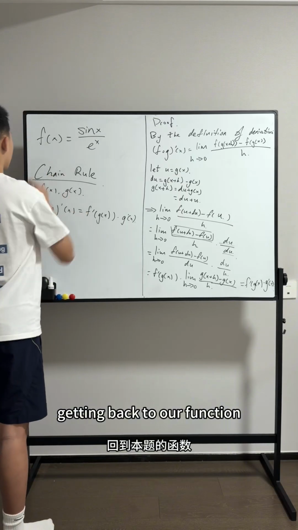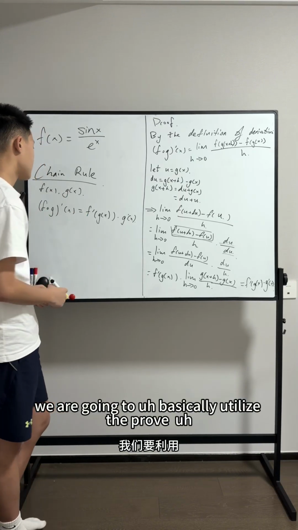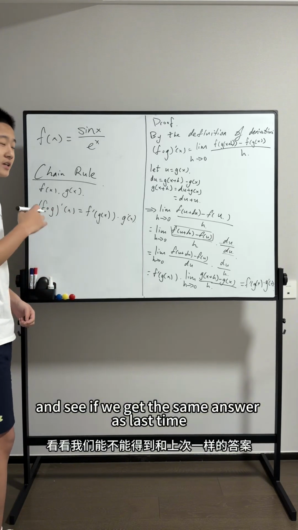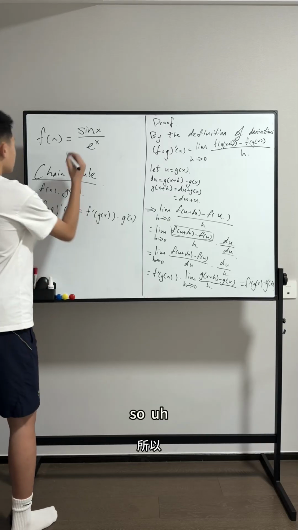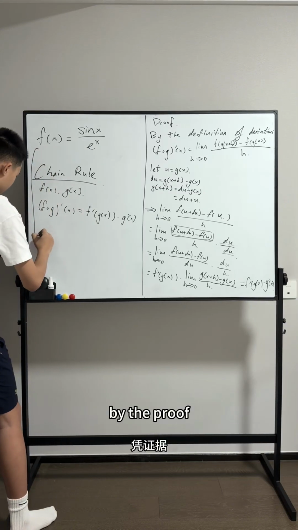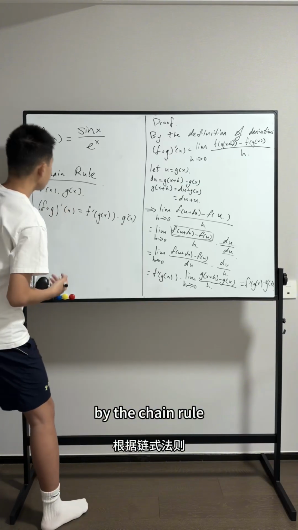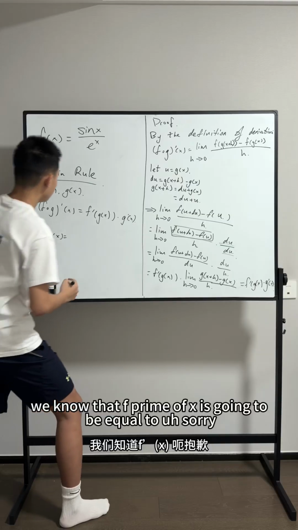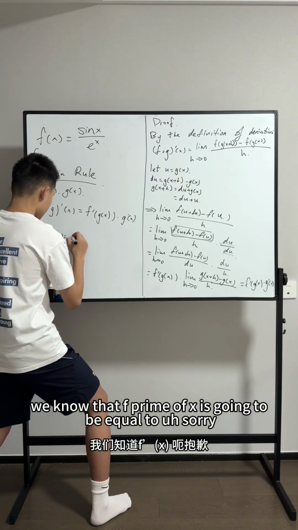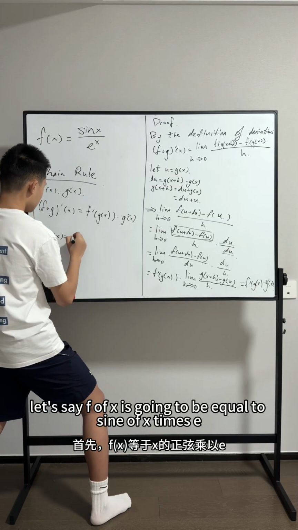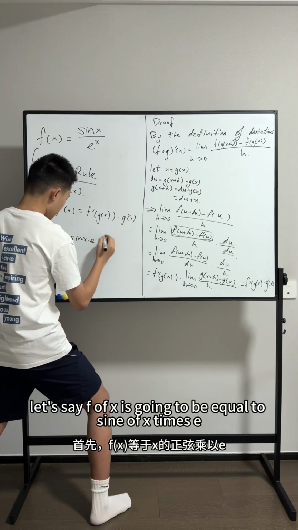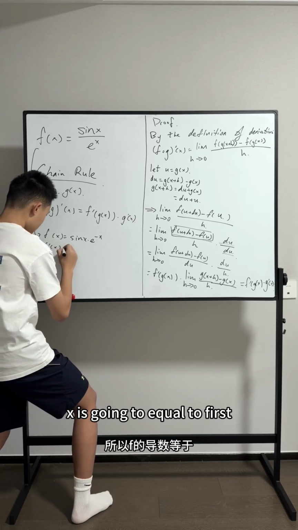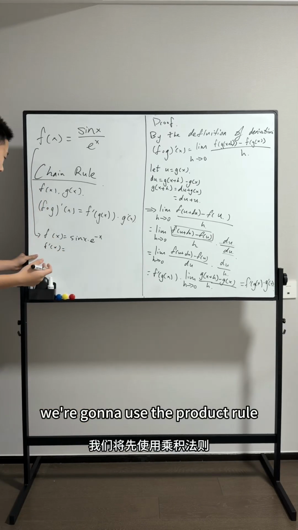So getting back to our function, we are going to basically utilize the rule we just proved and see if we get the same answer as last time. So let me write it right here. Okay. By the chain rule, let's say f of x is going to be equal to sine of x times e to the negative x powered, and f prime of x is going to be equal to, first, we're going to use the product rule.